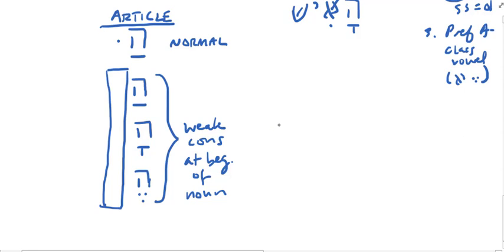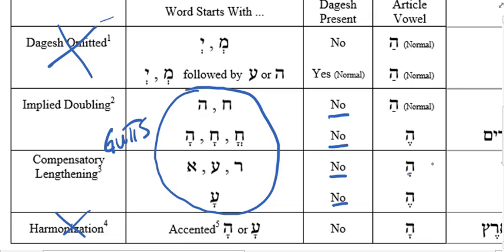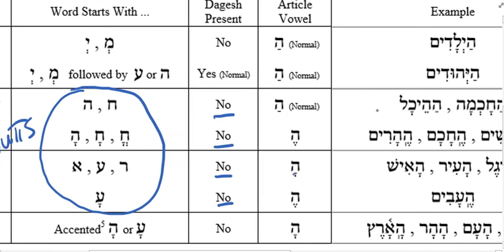So basically, my little chart for you is simplified because I'm not giving you all the circumstances where it happens, but if you look at the handout, you're going to see it. So if I have a he or a chet, I'm going to get a ha with no doubling dot before it for the article. Okay, and he gives us some examples here.